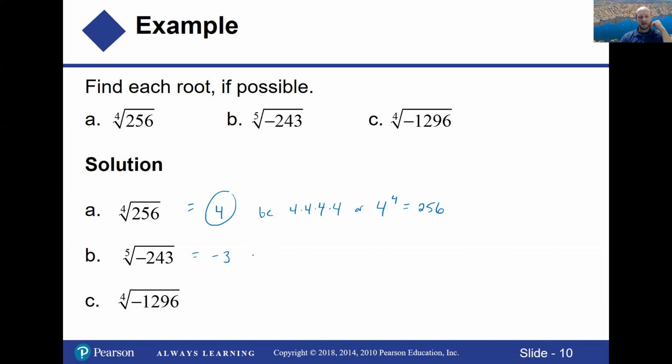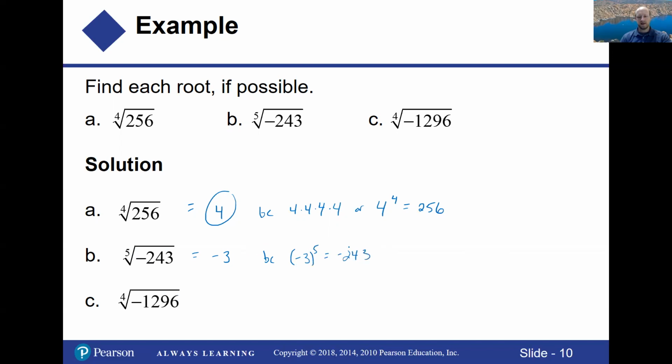But anyway, this is going to be negative 3. And why is that? Well, because negative 3 times itself 5 times is negative 243. Or you could say that negative 3 to the 5th is equal to negative 243.